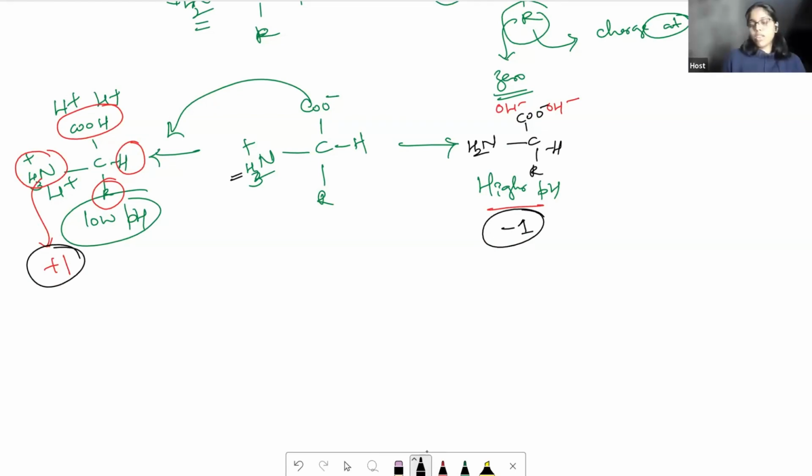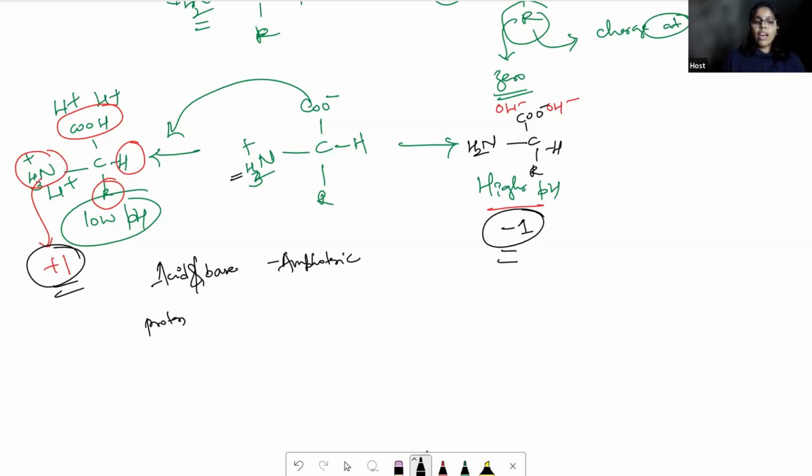So for amino acids, I'm talking about just the two groups without taking into consideration the side groups, in the lower pH it will be +1, and in the higher pH, it will be -1. So due to this property that the amino acid can behave as both acid and base, it is called an amphoteric compound. And because it can accept a proton and it can donate a proton, it is also known as amphiprotic.